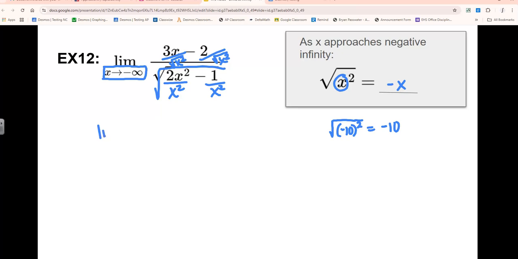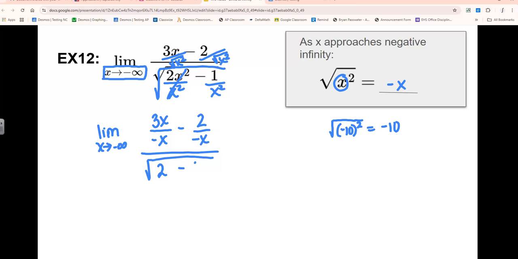But whenever I am having x approach negative infinity, the square root of x squared is actually a negative x. And so this is going to be minus 2 over negative x. And x squareds cancel here. This is still just the square root of 2. And then this is going to be 1 over x squared.